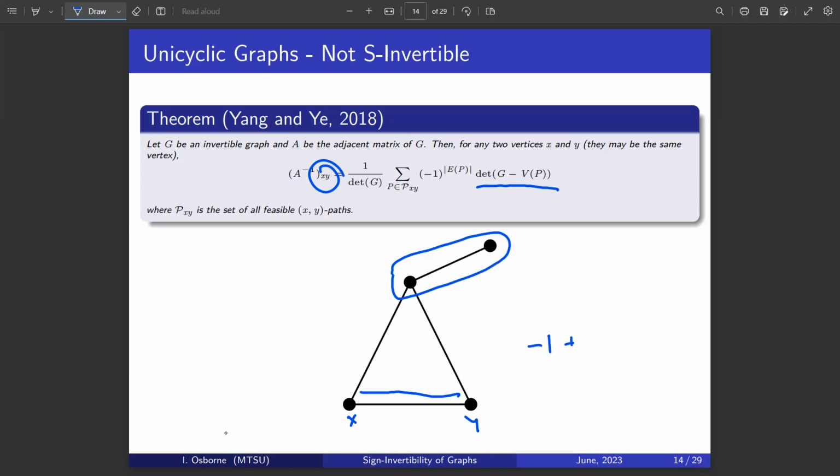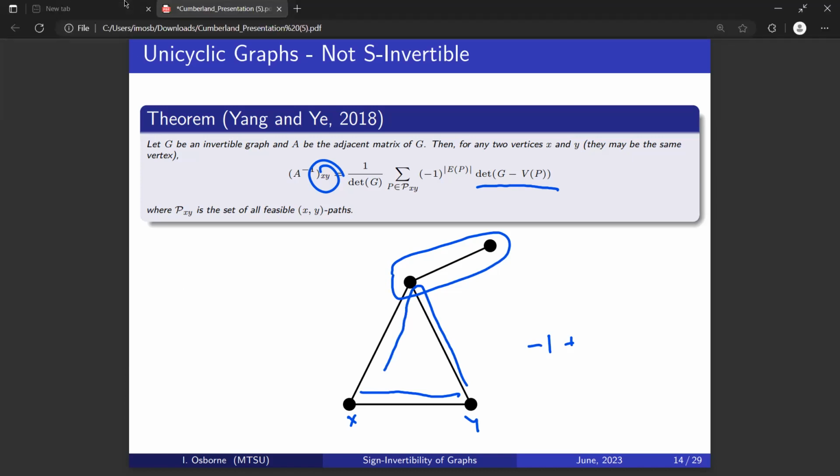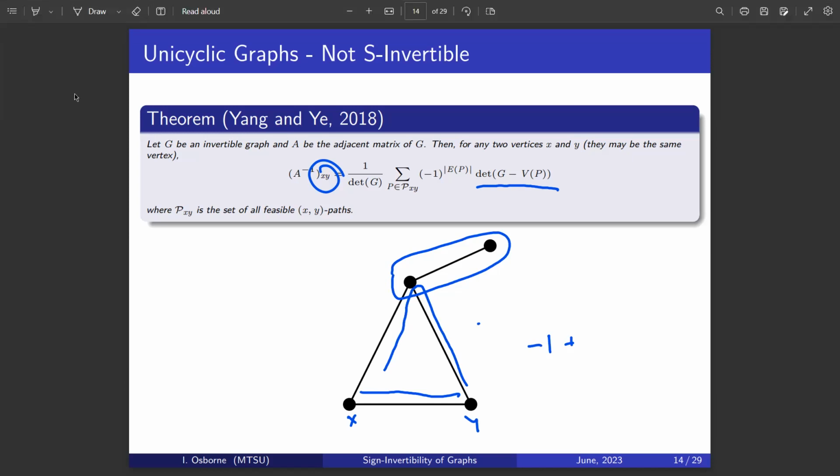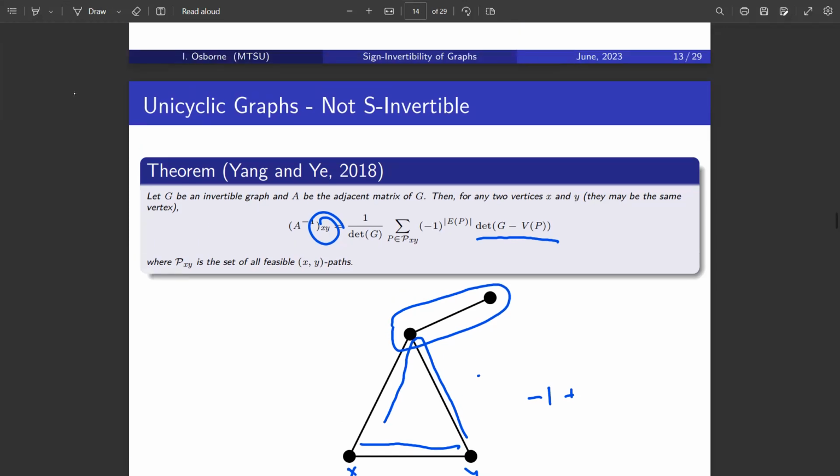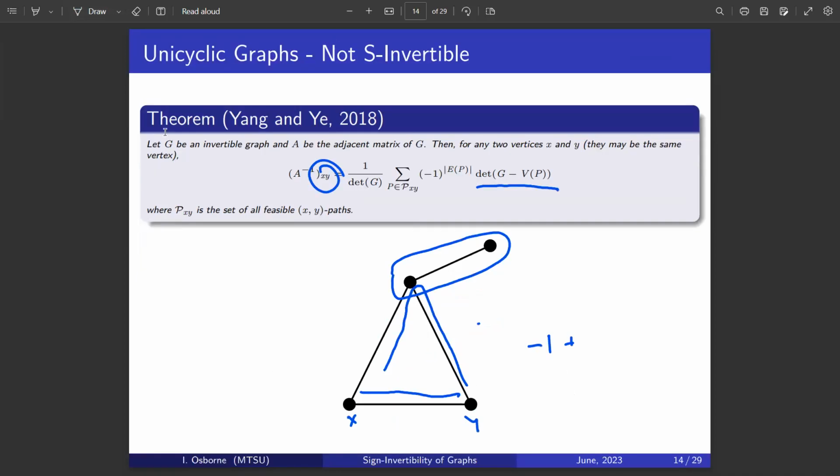plus, and then there's another possible path that we could take. We could go up through here, including the vertex, and then coming back down here. Okay, so when we take this path up here, it isolates this one vertex up here.